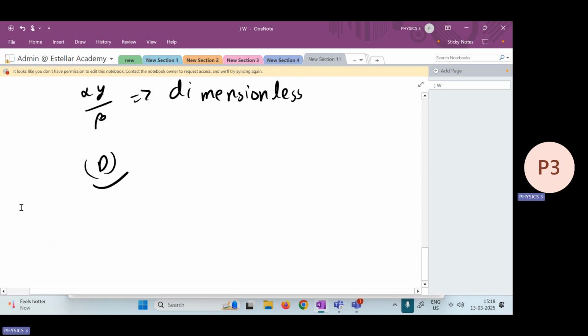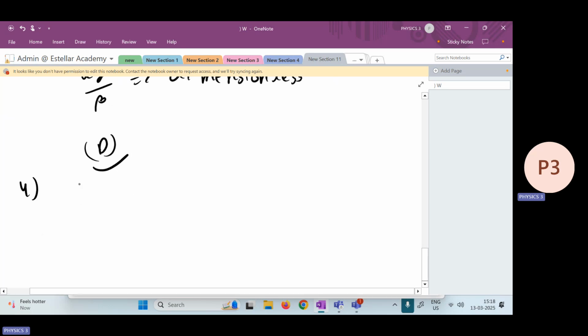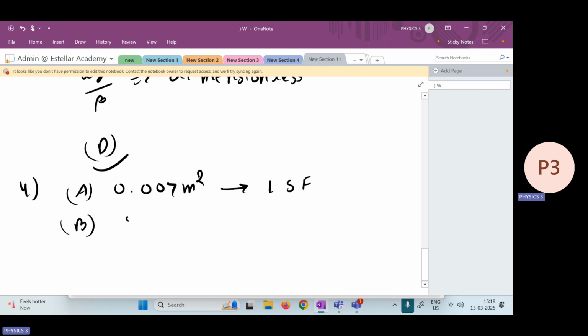Now the fourth question, which is the next question. We are asked which of the following has the highest number of significant figures. In the A option, we have 0.007 meter square. We can clearly see it has one significant figure. In the B option, we have 2.64 into 10 to the power 24.